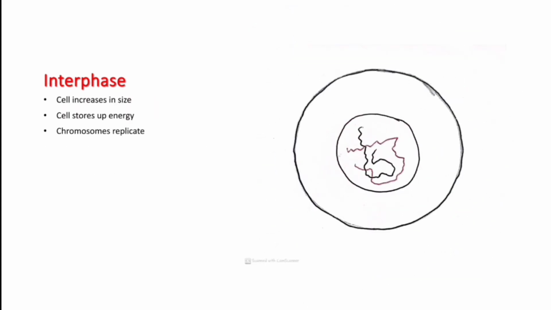So this is the cell that we started with. Only two chromosomes inside, the red one and the black one. And in the final phase, which is cytokinesis, we are going to have two new cells which are looking exactly like this one. So this is mitosis, my excellent biology students.